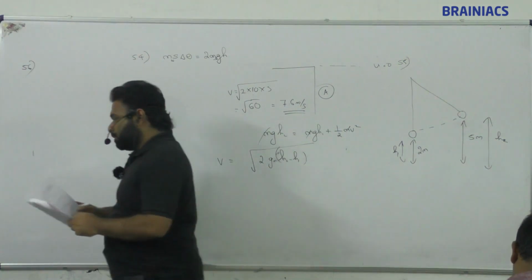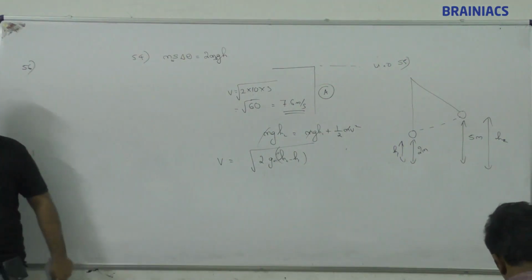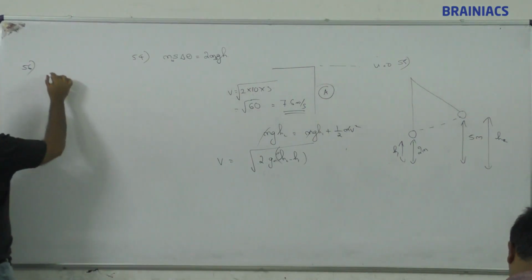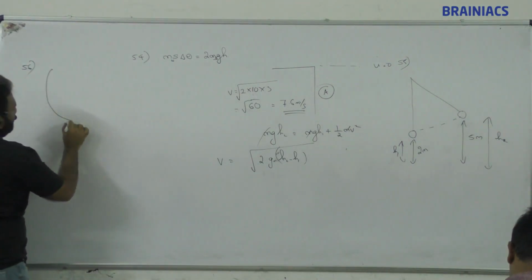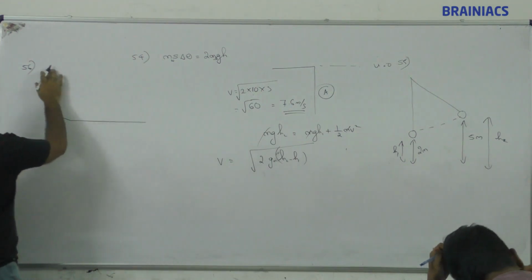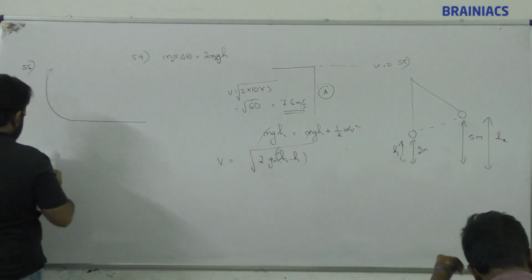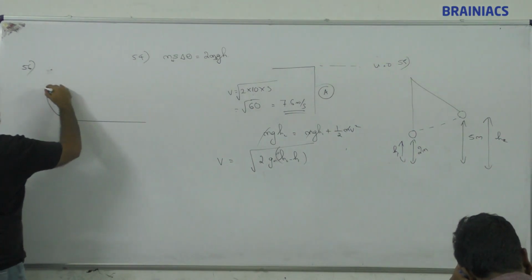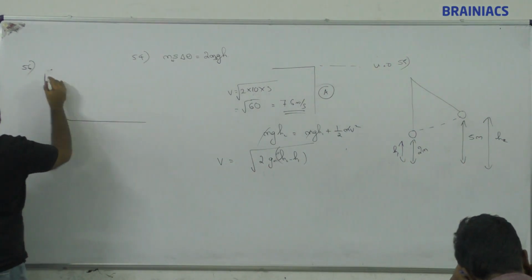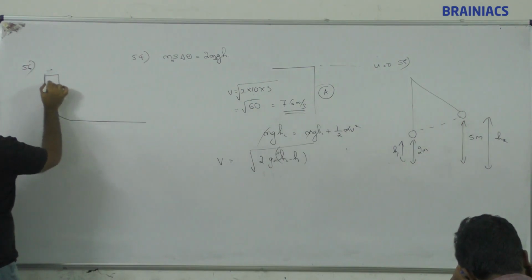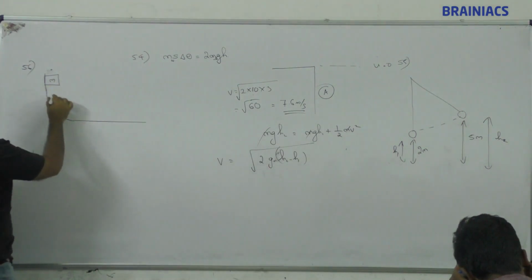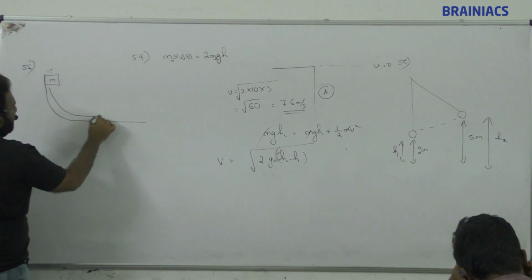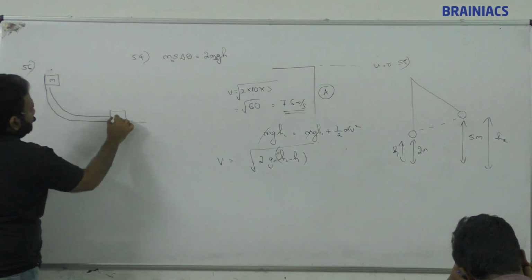So what to do? A mass M will slide like this, and it will come and stop somewhere.